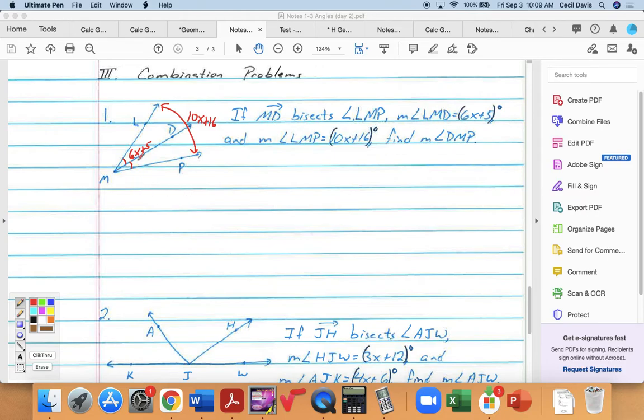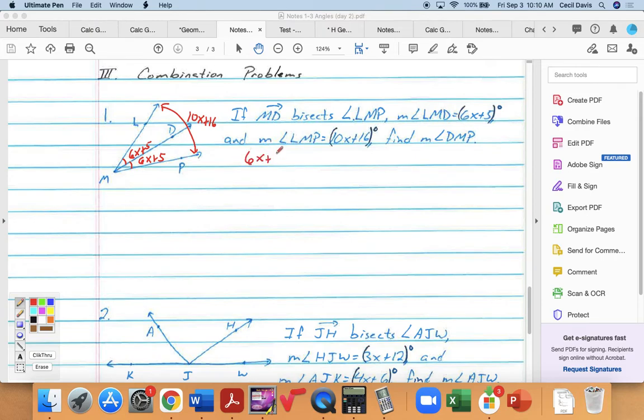So these two angles are the same, but this is the big angle. So this angle is 6x plus 5. Exactly. That's perfect. So now we know that those two little angles added together give me the whole big angle.